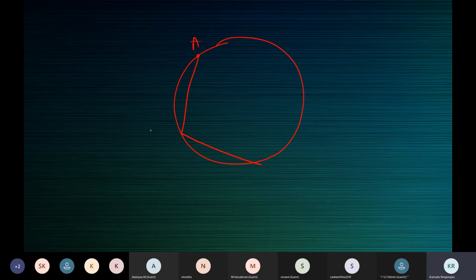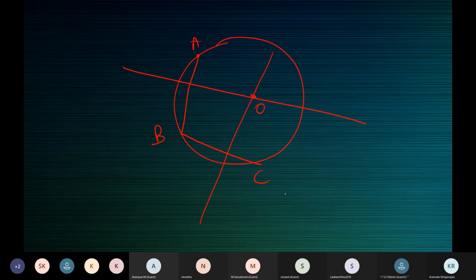So 3 points, A, B, and C. Construct the perpendicular bisector of chord AB. Construct the perpendicular bisector of chord BC. The perpendicular bisectors will intersect, and the point of intersection is the center of the circle.